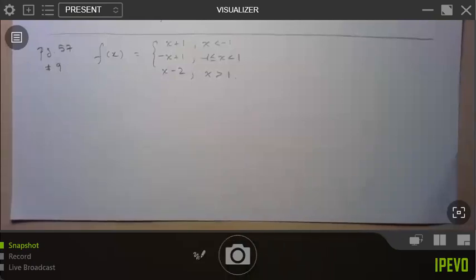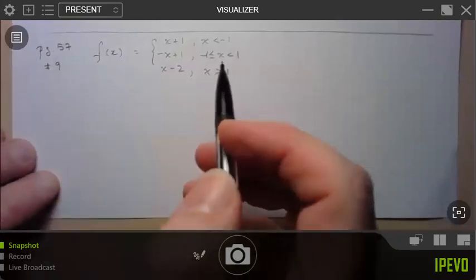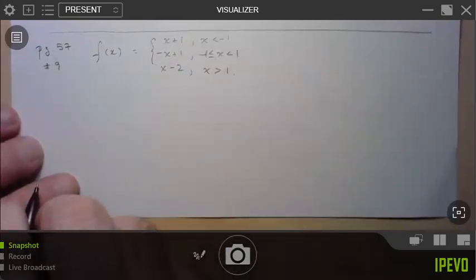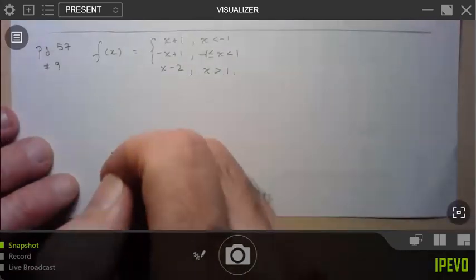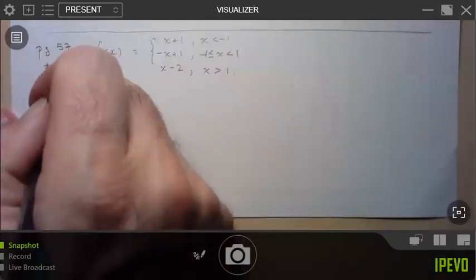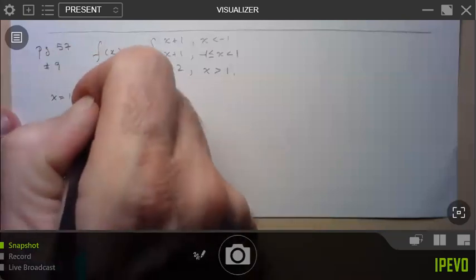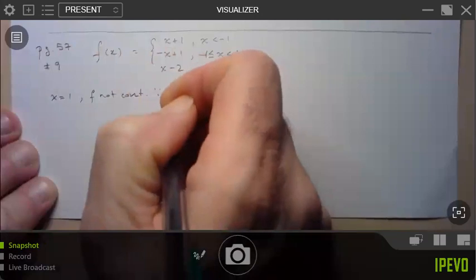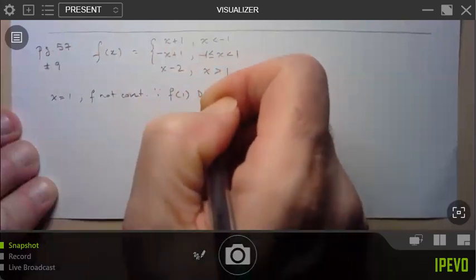All right. So the first thing I noticed is that this function is not defined at x equals 1. Okay. So right off the bat, I can determine that at x equals 1, it's not continuous. So x equals 1, f not continuous, since f at 1 does not exist.